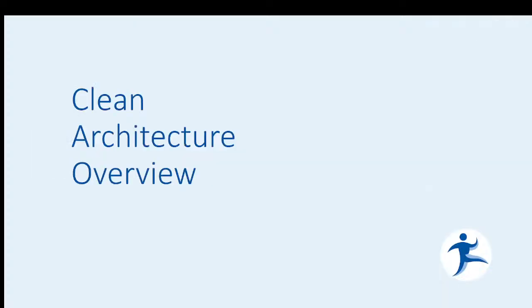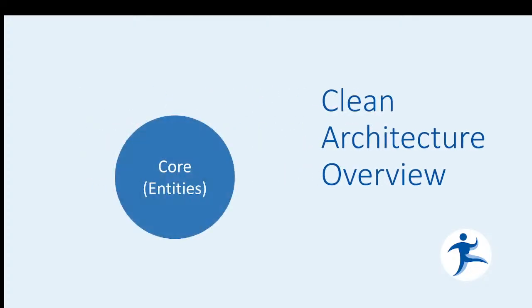Okay, so let's talk about the clean architecture overview. So it's a software design philosophy, essentially. Making your code more maintainable, more testable, more scalable. It works with the concentric circles. So core, this is the innermost layer. This is your entities. This is your domain logic. This is your business logic. So if you have business rules, business behaviors, they're going to be at the core level.